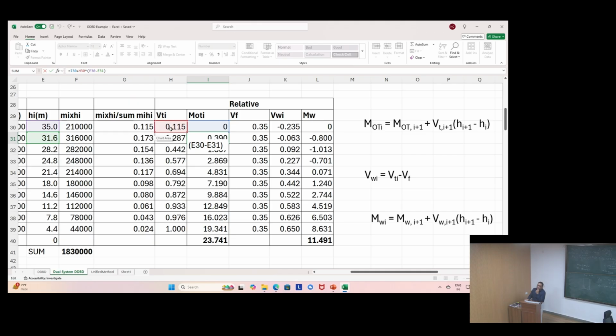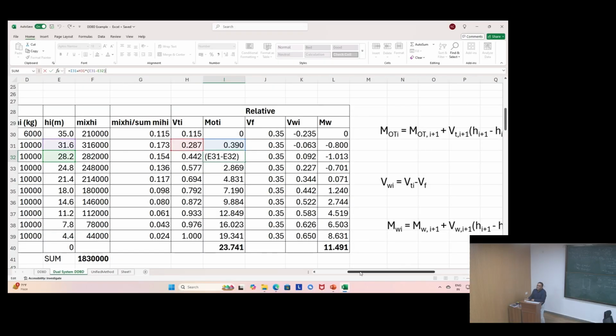VTi plus 1 is right here, and MOTi plus 1 is essentially 0, because MOT at 10 is 0. So now go to the next one. Now your i is 8.